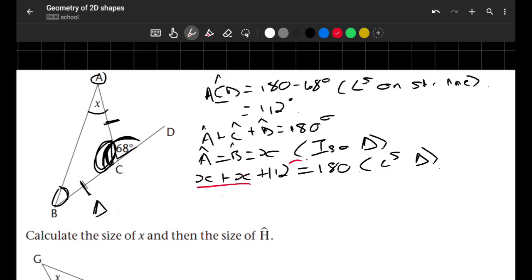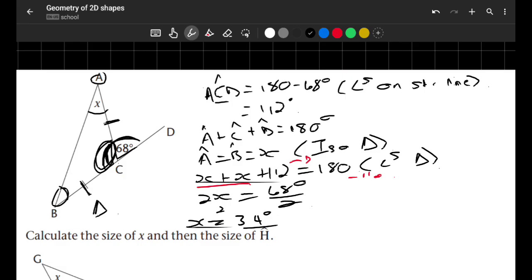The 112, you take it to the other side, then it becomes minus 112. Positive becomes a negative when you take it to the other side of the equal sign, and a negative becomes a positive. Then we're going to have 2x is equal to 180 minus 112, that will give you 68 degrees. Then we divide by 2, and we're going to get x is equal to 34 degrees.